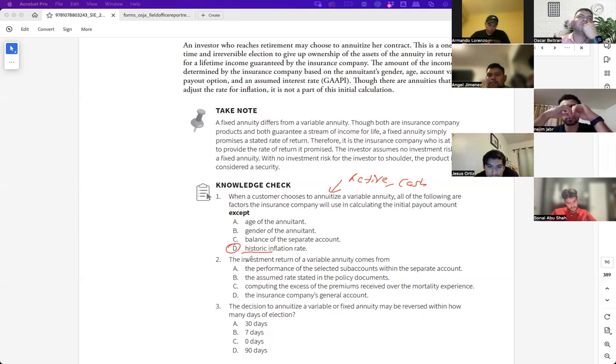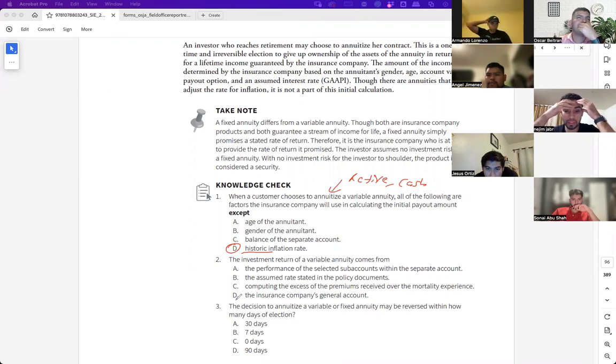All right, two, the investment return of a variable annuity comes from... What do you think it is? The investment return of a variable. So variable, it goes up or down, right? It's not fixed.